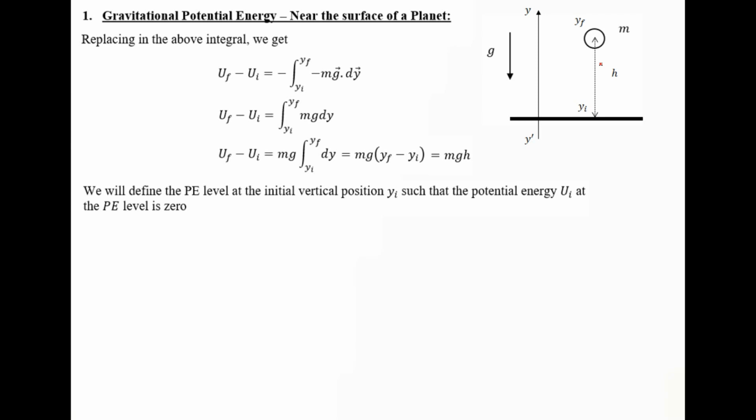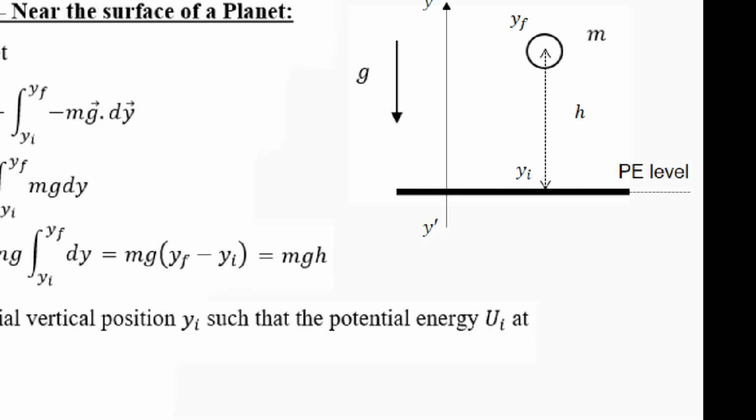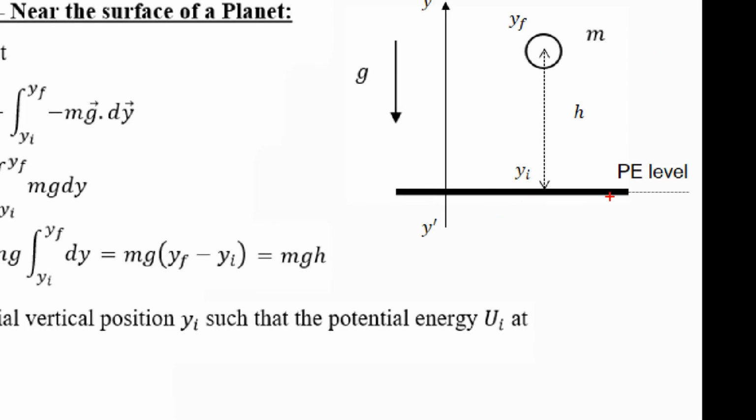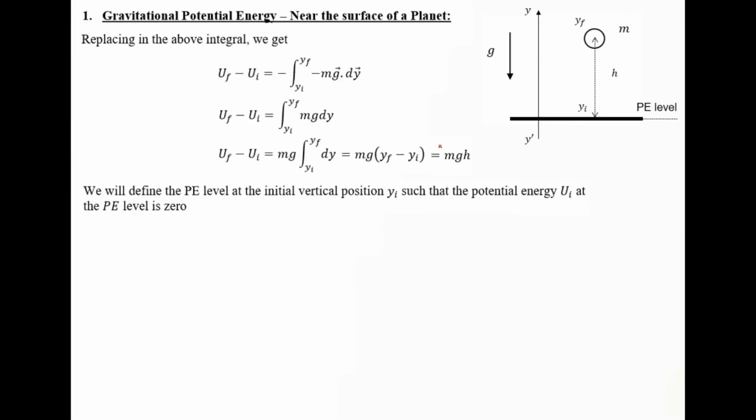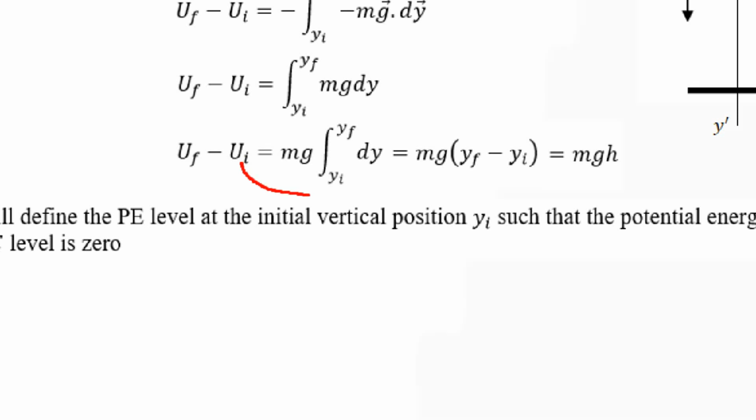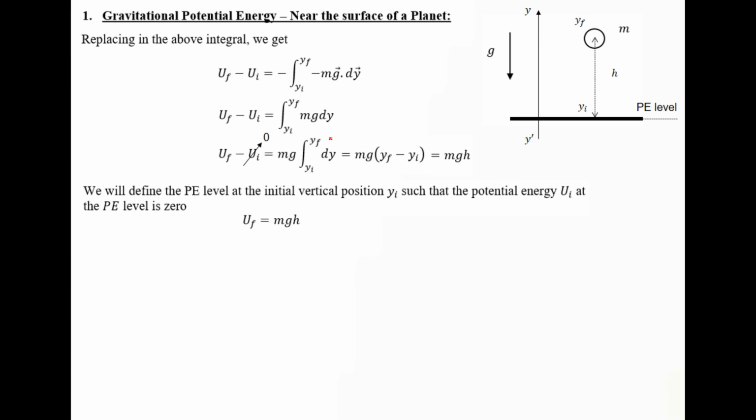Now here we need to do the following. We will define the PE level at the initial vertical position y_i such that the potential energy U_i at the PE level is 0. So if this is the ground, we will assume that this is the PE level, and in particular at this level the potential energy would be 0, which means U_i, which corresponds to the initial vertical position, would be 0, and by that the final potential energy at the final vertical position is given by mgh.